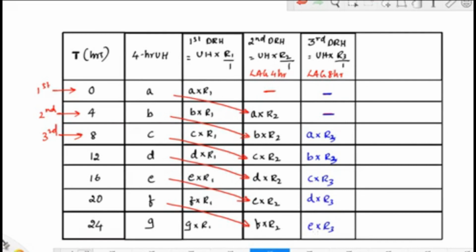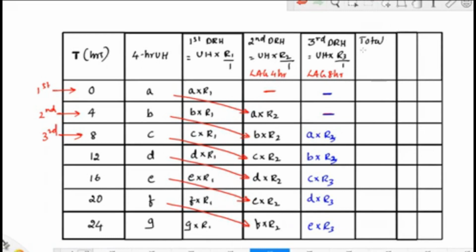Now finally, you will get one more column here: total DRH, which is 1 plus 2 plus 3.